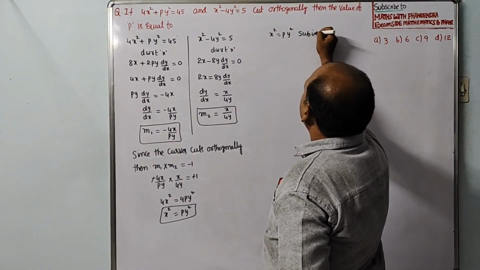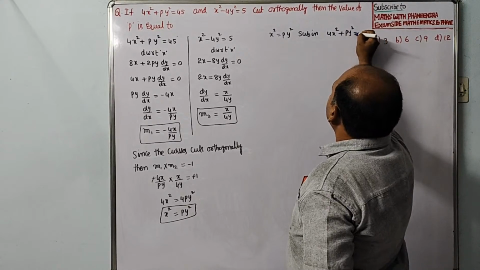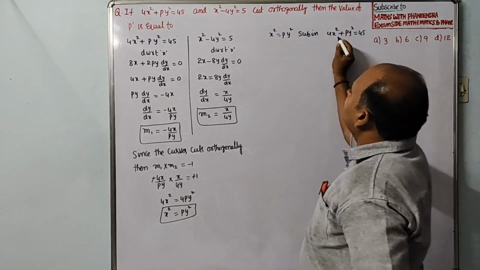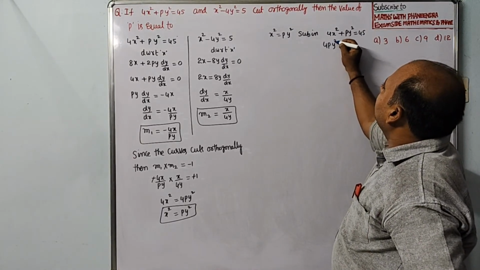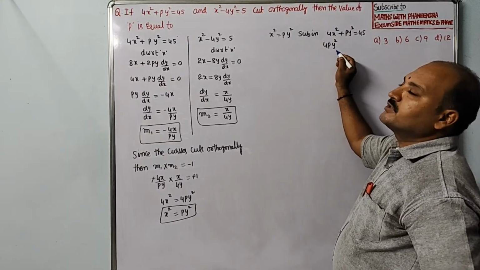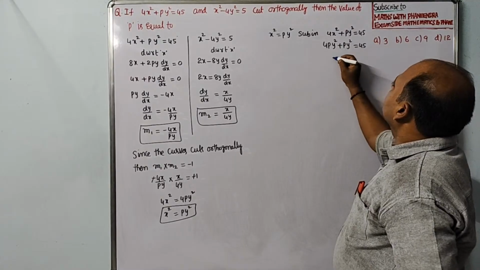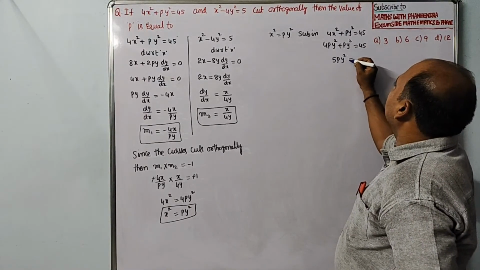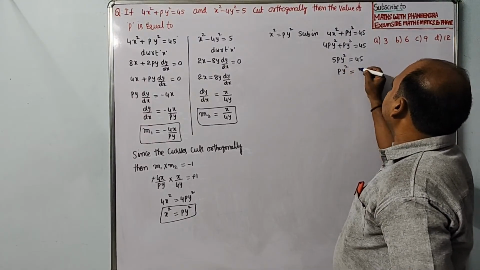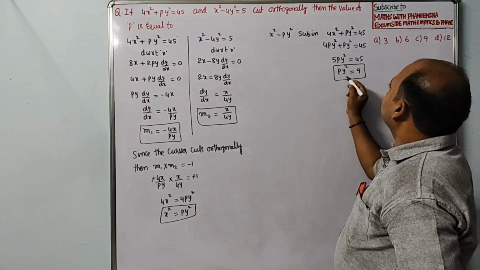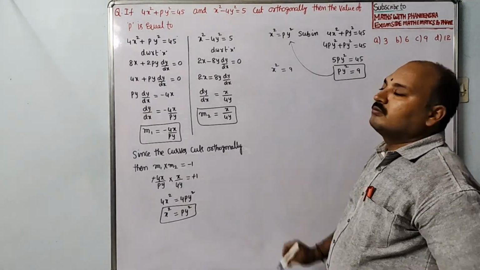Substitute in the first curve, 4x square plus py square is equal to 45. So 4 into x square, what comes here? 4py square, in place of x square I am writing this, plus py square is equal to 45. So 5py square is equal to 45. So py square is equal to 9, since 5 nines are 45. So py square value directly substitute in this: x square is equal to 9.